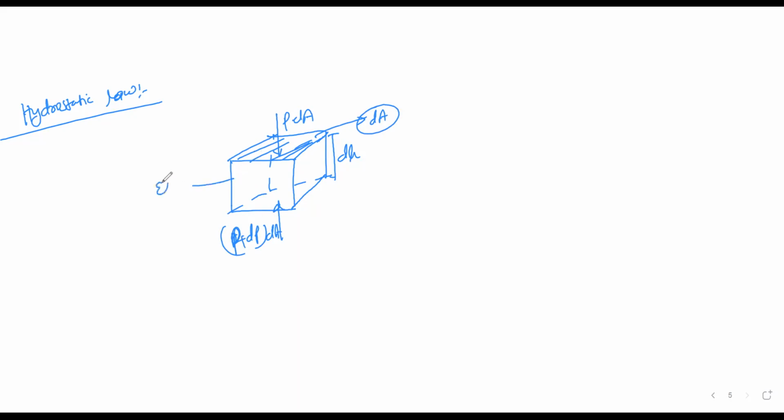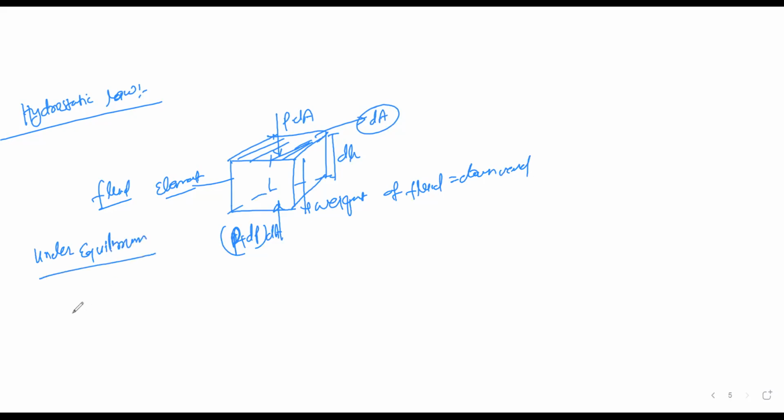And this is a fluid element, so there must be a weight of this fluid element, and the weight of the fluid element will act downward. So under equilibrium, the downward force must be equal to the upward force.